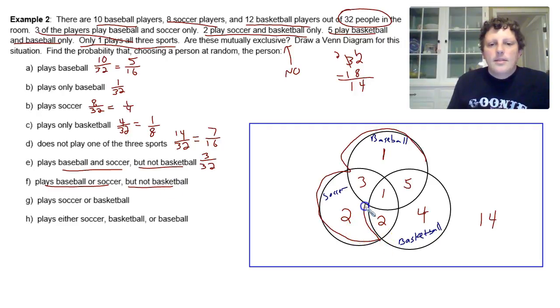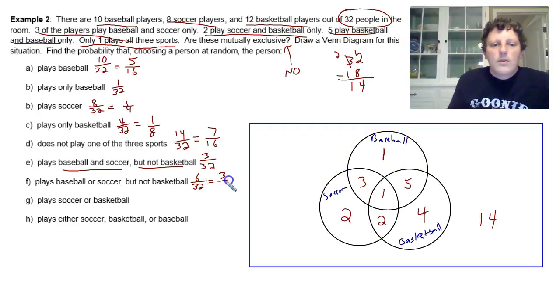So we're going to take out any of the basketball circle. So for or, it can be one, the other, or both. In this case, not basketball. So we've got to make sure that we're not counting those. So that's 1 plus 3 is 4, plus 2 is 6. So 6 out of the 32, which reduces to 3/16.